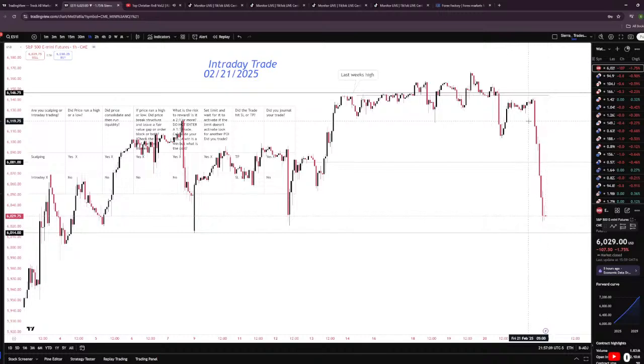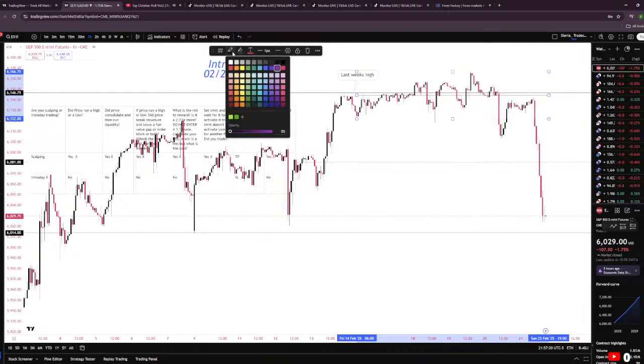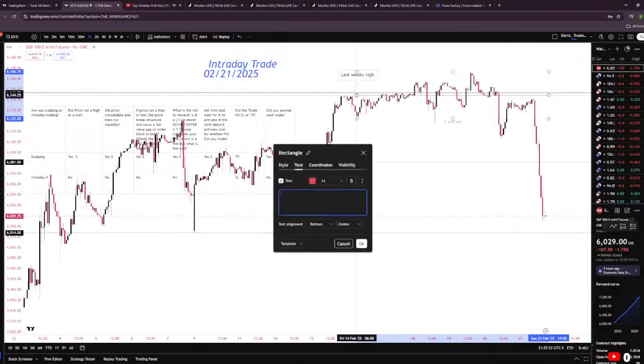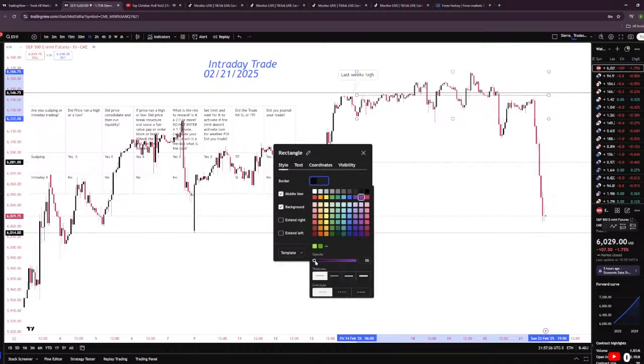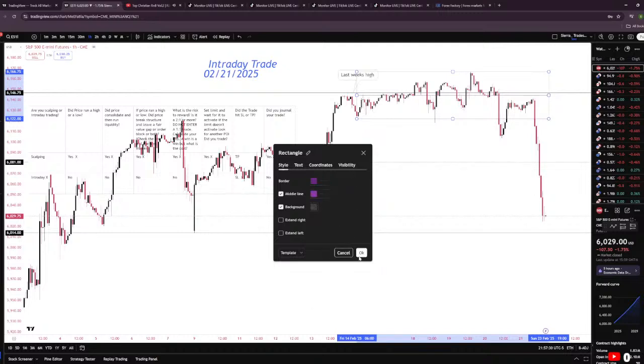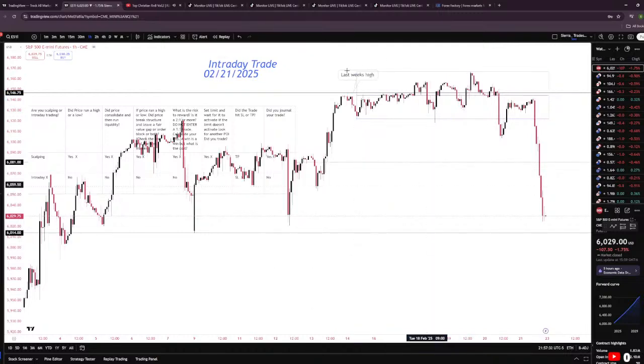Let me show you this consolidation area. Let me put it into a box for you. All right. So, do you see how price came to last week's high and it just played around in this area?